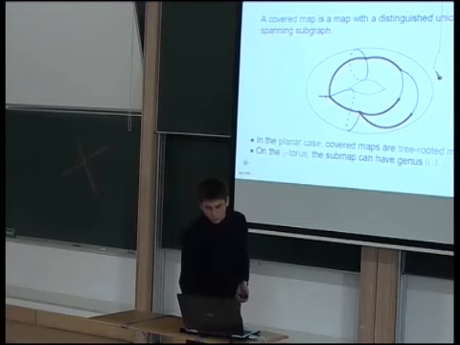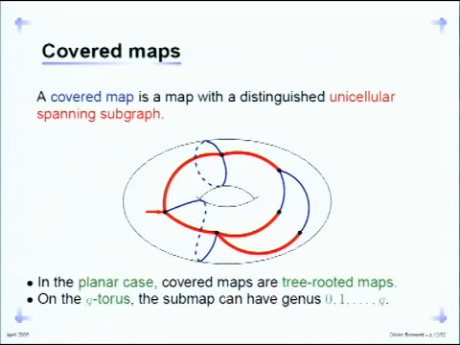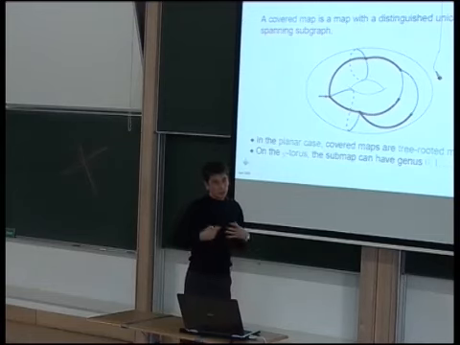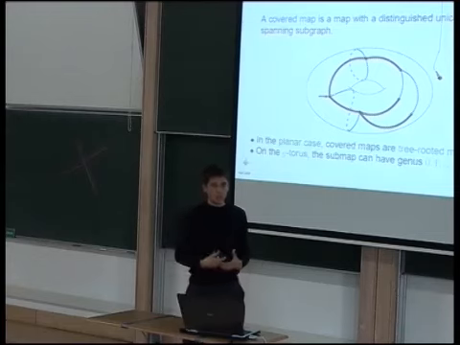For instance, this is a covered map, but this is also a covered map, and here this thing is unicellular in its own world. In its world, this is a planar object, and as a planar object, it is unicellular.